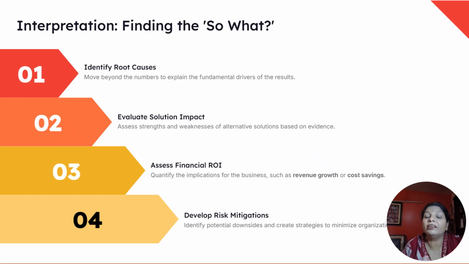Managers need to quantify outcomes in business terms such as expected revenue growth, cost savings, and efficiency gains. This step connects analytics directly to organizational value. Finally, we develop risk mitigation. Every decision carries uncertainty, so it is essential to identify potential downsides and design safeguards that reduce operational, financial, or strategic risk. Effective interpretation ensures that analytics leads to informed, defensible, and action-oriented decisions.